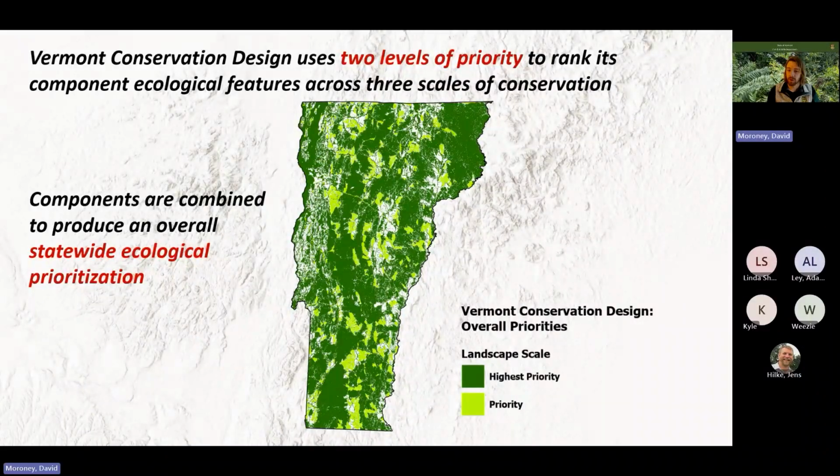Now, one of the things you're going to notice is that this dark green highest priority covers a very large swath of the state. So again, it's important to recognize that these features that are highlighted in Vermont Conservation Design are not being highlighted to send the message, hands off, we can't go there, we can't interact with these, we can't develop our communities in ways that we need to.